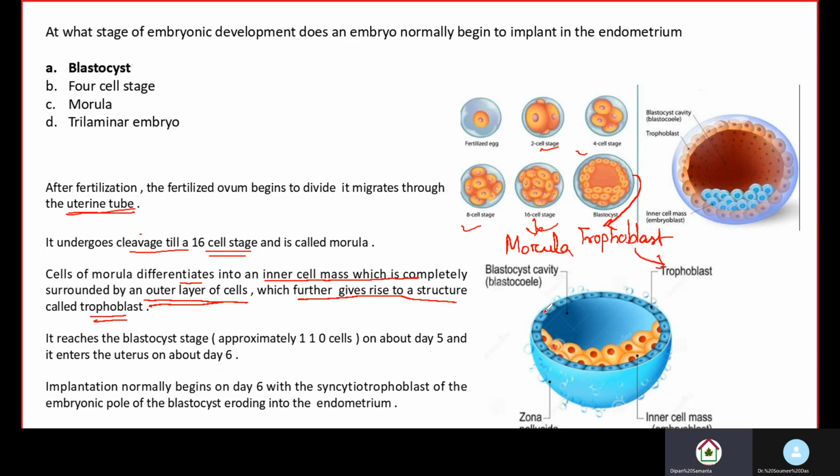As shown here, these are the inner cell mass inside, this is the membrane trophoblast. This outer surface is called zona pellucida, and the cavity is called blastocele or blastocyst cavity.